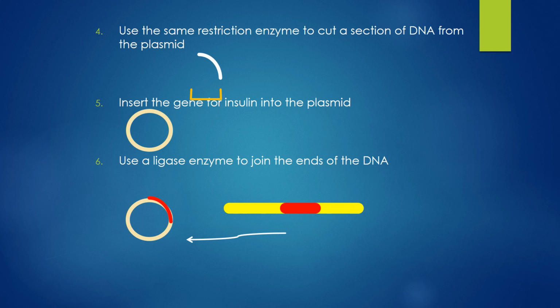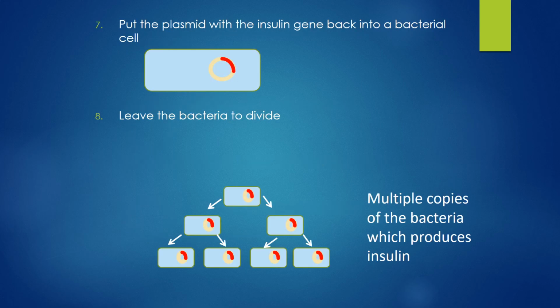We're going to insert the gene for making insulin into the gap where the bit of plasmid DNA has come out. And then we're going to use ligase enzyme to join the insulin gene to the plasmid. Then we are going to put the whole plasmid with the insulin gene back into the bacteria.